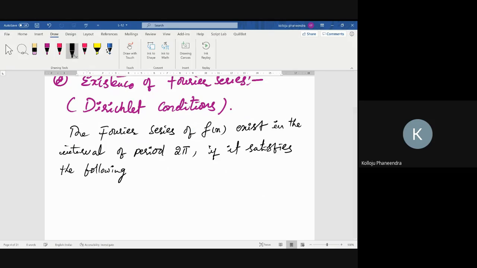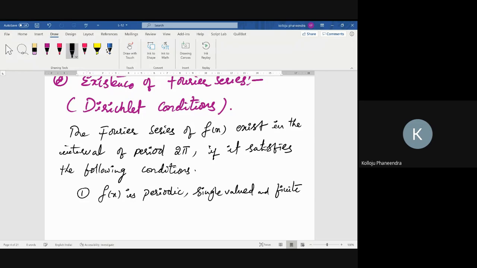Conditions are named as Dirichlet conditions. The first one is f of x is a periodic function, a single valued and finite function. That is the first condition.